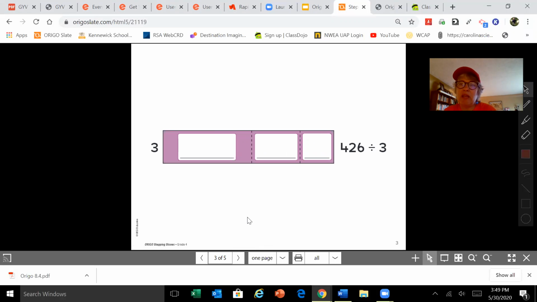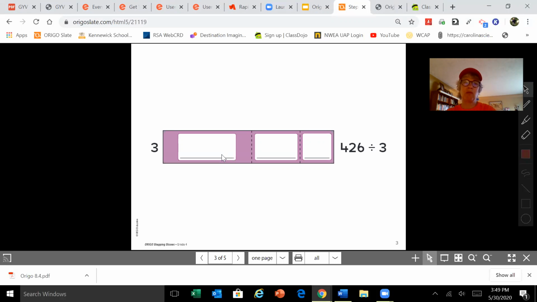So I see here that I am going to be dividing 426 into 3 numbers, but I'm not going to do 420 and 6. That won't go in evenly. I know that 3 does not go into 400 evenly, and I know that 3 does not go into 20 evenly. So I have to think about how I might do this.